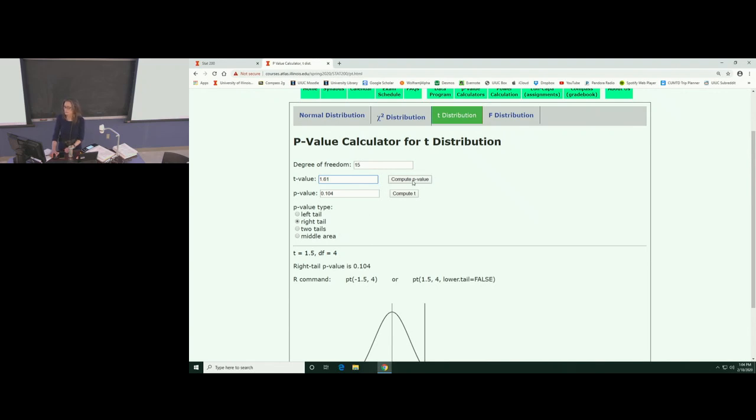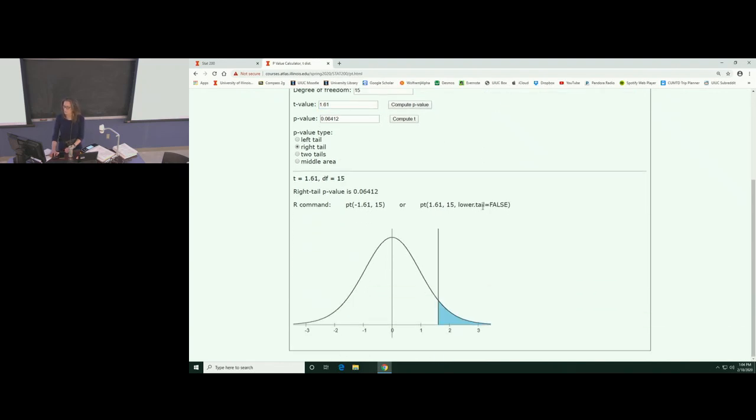So now we'll compute the p-value, and that's our p-value right there. So how do you read this? This says our t, we knew this, and this gives us our percent right here as a decimal. So our p-value is 6.412%.